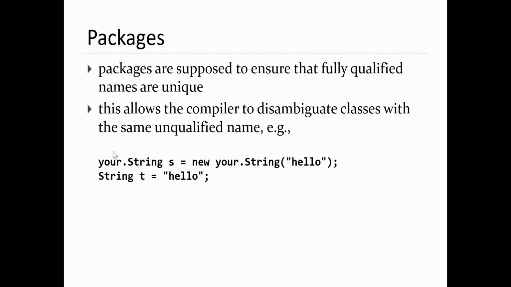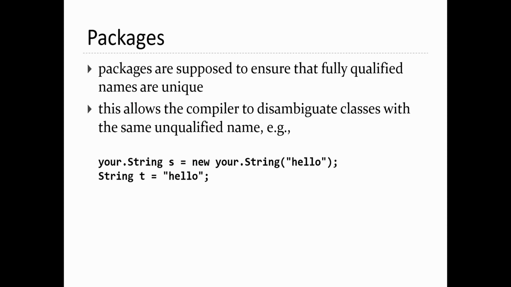You can make your own package. I'm going to call it your. Then you can put your String class in that package. And now when I want to use that class, I can write your.String everywhere. I can use the fully qualified package name. When I want to use the Java version of String, I can just write String. So both of these String classes can coexist in the same program at the same time.